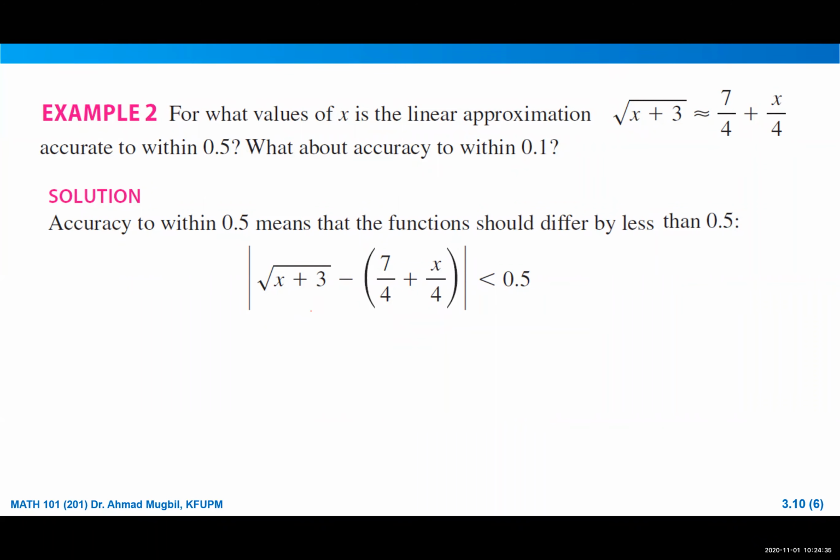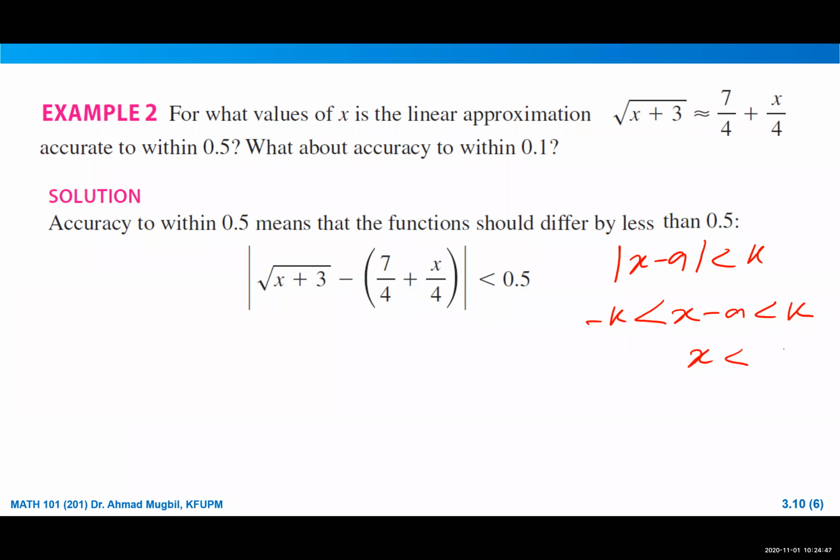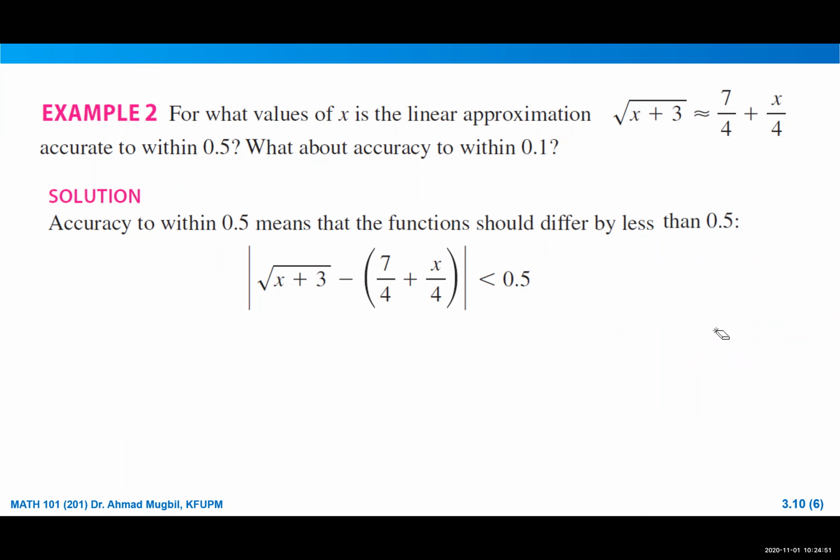So now you remember when you have absolute value of x minus a less than k, this will be x minus a less than k and greater than negative k. Now you will just add a to both sides to solve for x. Now we will do the same here. So what does that mean without the absolute value? It means that the square root of x plus 3 minus this is less than 0.5 and greater than negative 0.5.